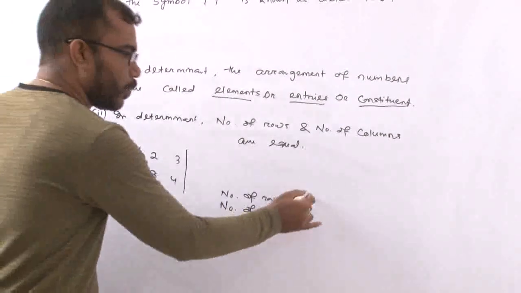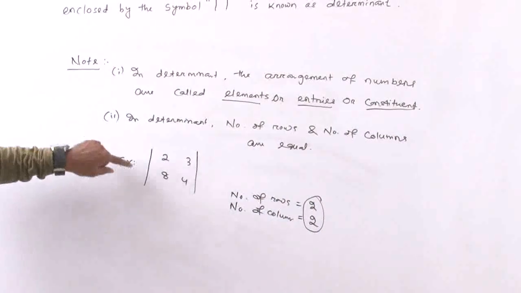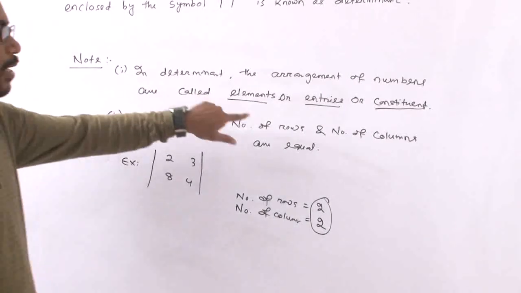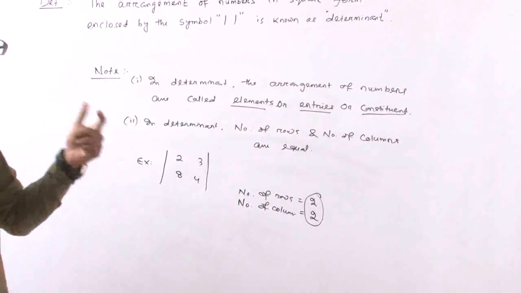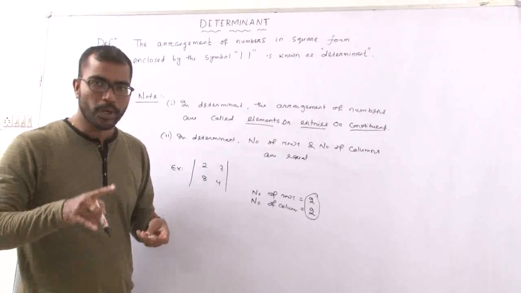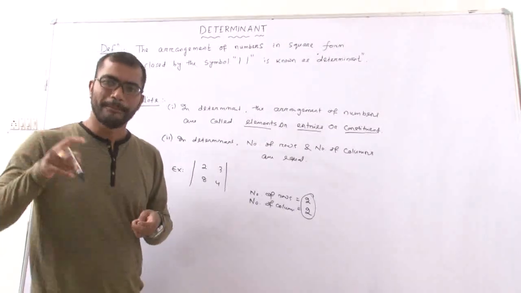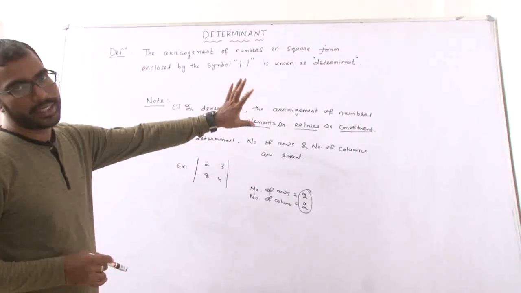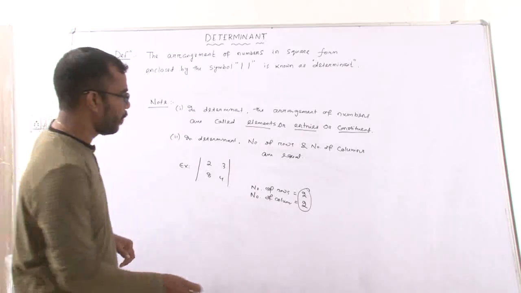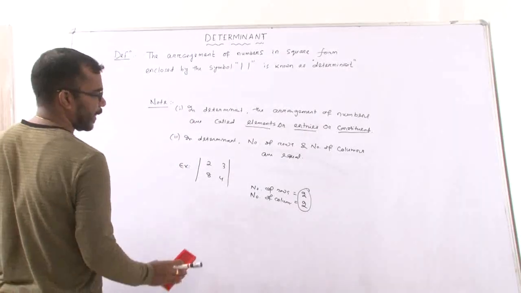So both are equal. So in determinant cases, the number of rows and number of columns must be equal. But in matrices, the number of rows and number of columns may or may not be equal. But in a determinant, the number of rows and number of columns must be equal.